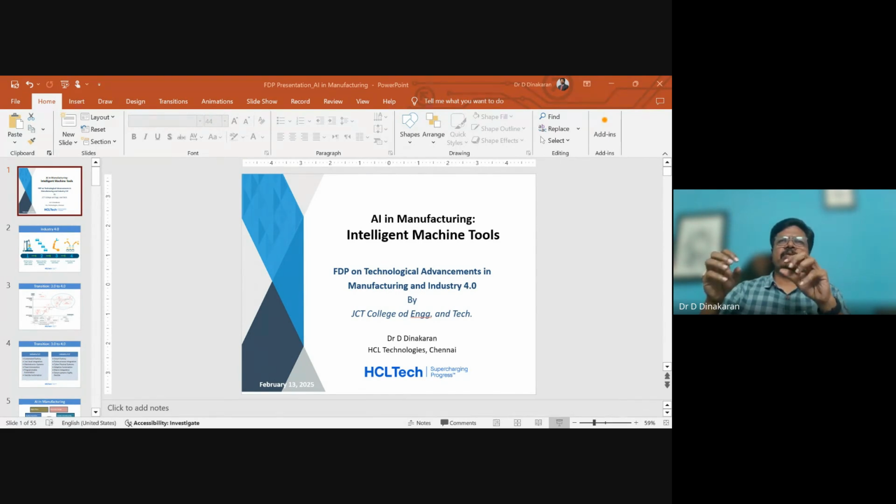Wherever you find it dull, dirty, or very difficult to do, we apply robots. But in Industry 4.0, the robot itself takes a decision, behaving like a human to take decisions on some of the controls. That's how the factory is moving. That's why we call it a smart factory. Industry 3.0 is an automated factory, and Industry 4.0 is a smart factory.